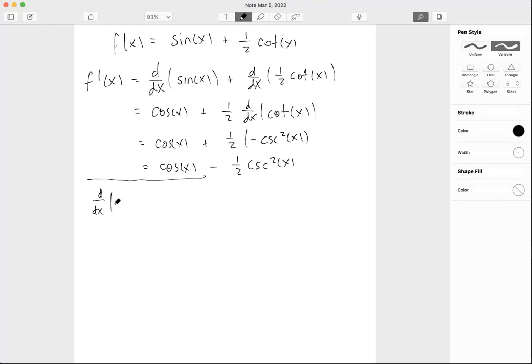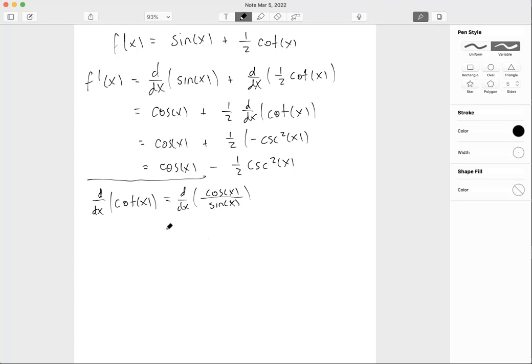Cotangent is just cosine over sine. So knowing that, we can use the quotient rule.